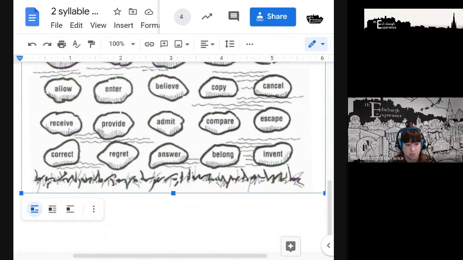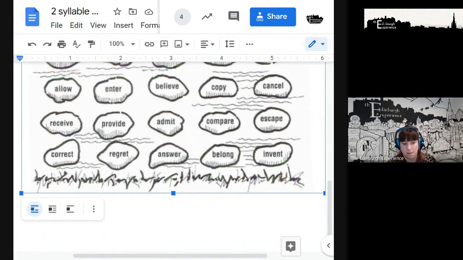So if I pronounce them, receive, provide, admit, compare, escape. So all of these have got the stress on the second syllable. So I can't use any of these. But let's see if I can jump to the next level. Okay.